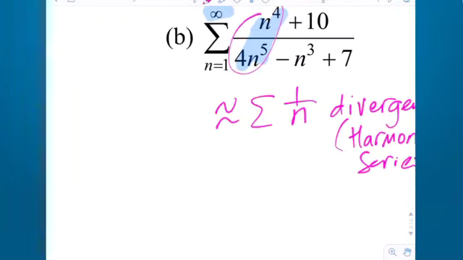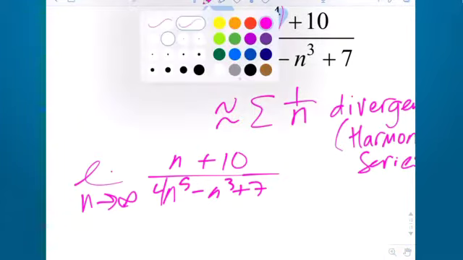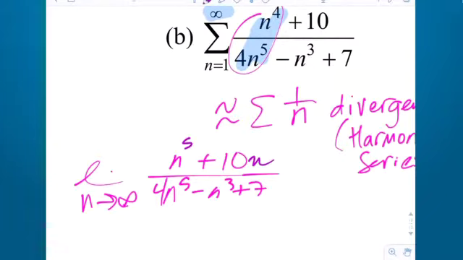Now to prove that, you would have to take the limit as n goes to infinity. And when you do the one that you're given, which is this long ugly thing, divided by the one you're comparing it to, notice when you do state change flip, dividing by 1 over n is the same as multiplying by n. All it's going to do is change the exponents in the numerator and make everything 1 degree larger. So it ends up being that. So if you could do that in your head, state change flip, and come up with that, that's fine.